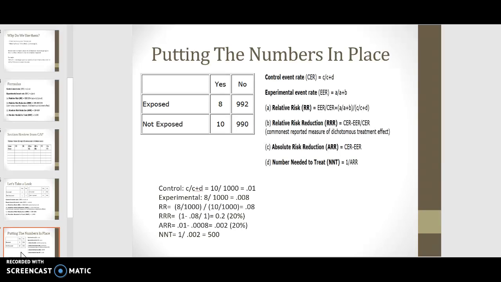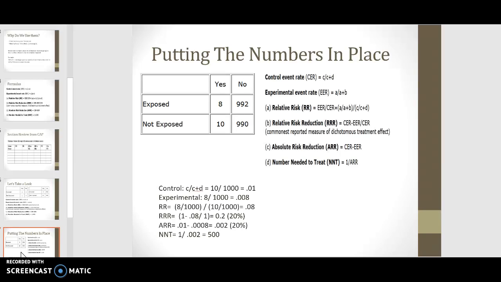Okay, so let's put the numbers into place. We've determined what our control event rate is based off the exposed and non-exposed, and we've determined what our experimental event rate is. From here, based on the information provided for CER and EER, we know that the relative risk would be 0.8, making the relative risk reduction 0.2 or 20%, because remember we express it in percentages.